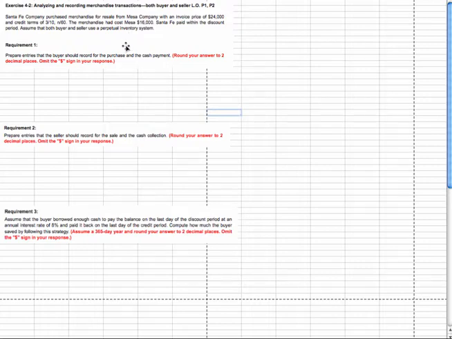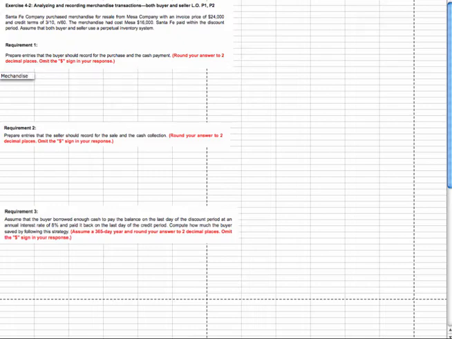So for requirement 1, it says prepare the entries that the buyer should record for the purchase and the cash payment. So the buyer is Santa Fe, so what we have to do is record the journal entry for Santa Fe. So when Santa Fe buys the inventory, and remember it's for resale, they're going to debit the asset account called merchandise inventory.